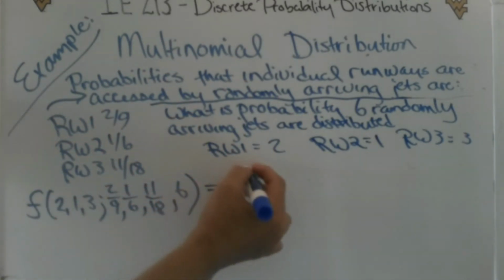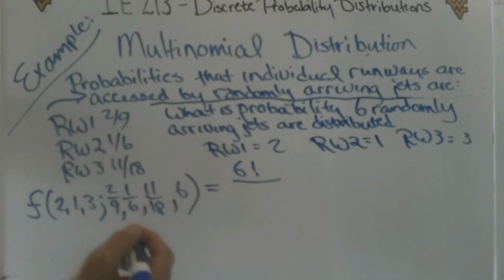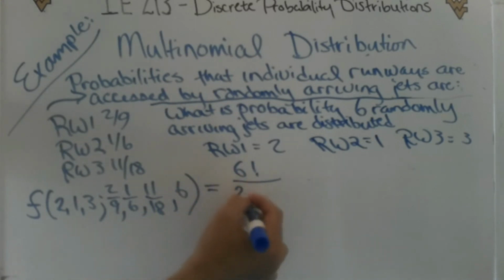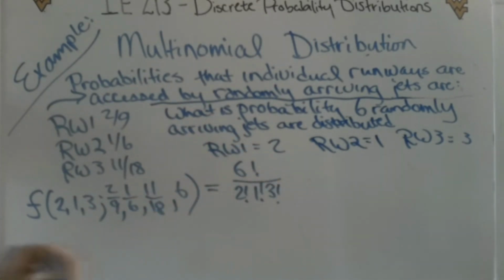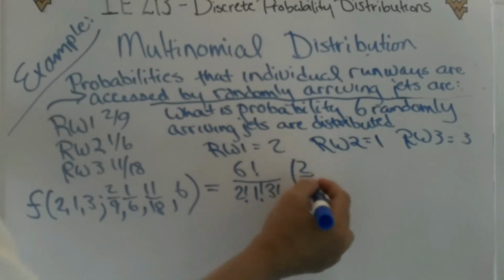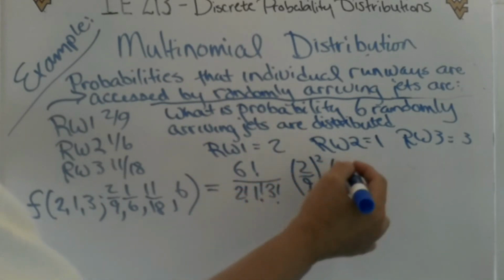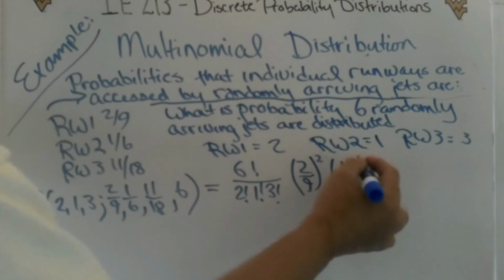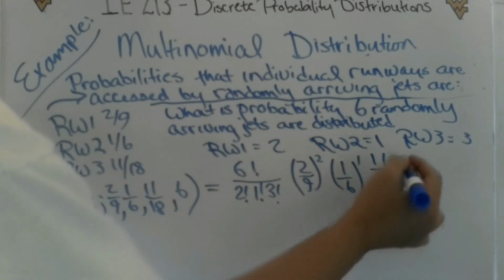We have n factorial, which is 6 factorial, divided by the number to runway 1 factorial, that's 2 factorial, runway 2 factorial, that's 1 factorial, and runway 3 factorial, that's 3 factorial. Then we multiply by 2/9 squared, 1/6 to the 1, and 11/18 cubed.